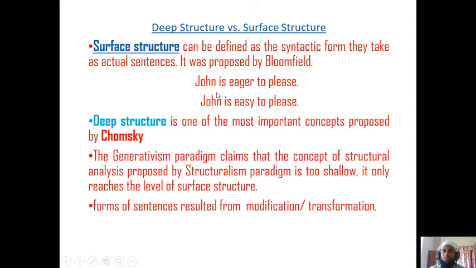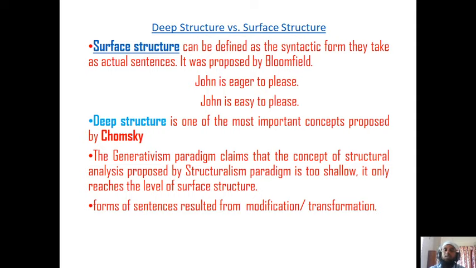It means that though we see a particular structure, indeed there is an underlying level of structure, an underlying level of meaning. When you say John is easy to please, we understand that John is not the subject here, rather it is easy to please John, and anybody can easily please John. Though John is at the beginning of the sentence, John is an object here.